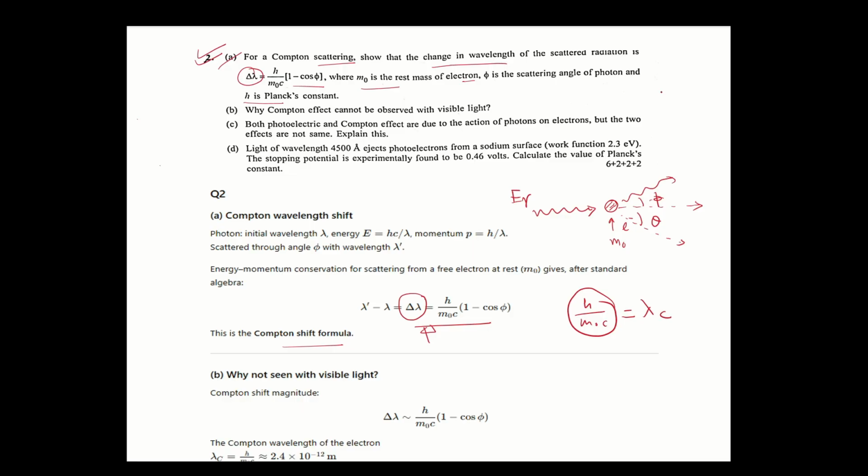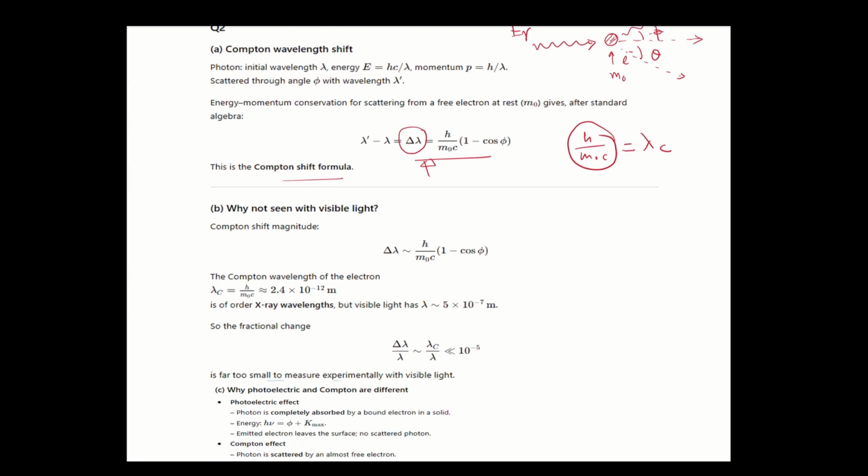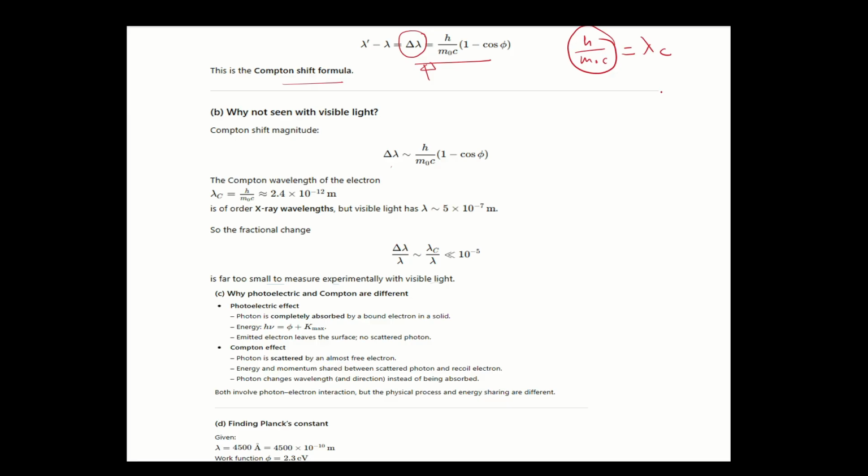Next question is why the Compton effect cannot be observed with visible light. We can explain it using a mathematical expression. The Compton shift is defined as delta lambda, h by m naught c into 1 minus cos phi. If we find it only for the Compton wavelength of the electron, h by m naught c, it is of the order of 10 to the power minus 12 meter.